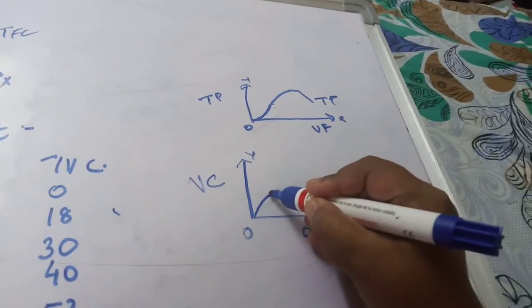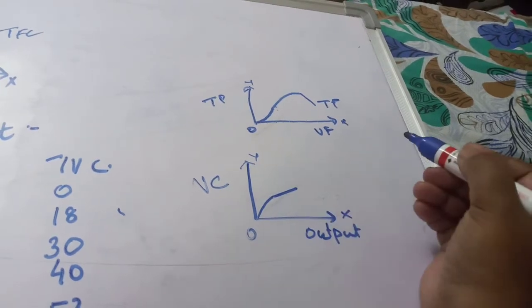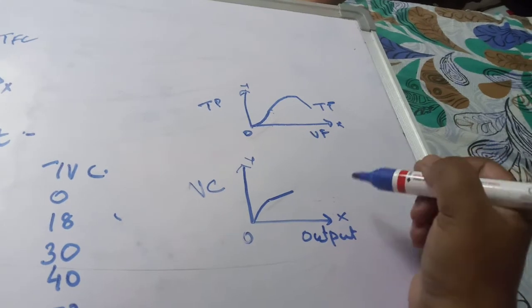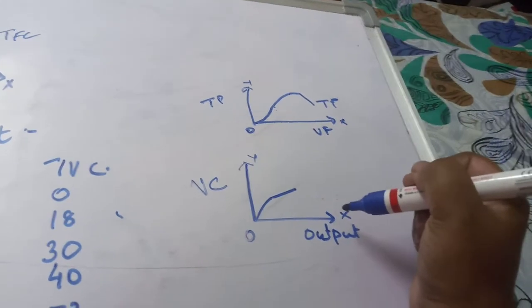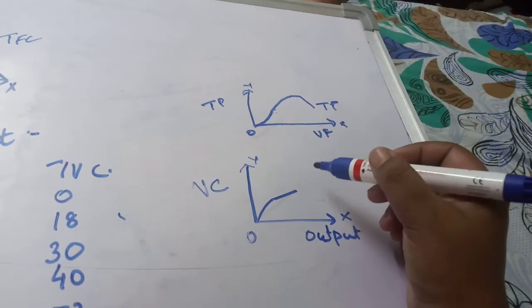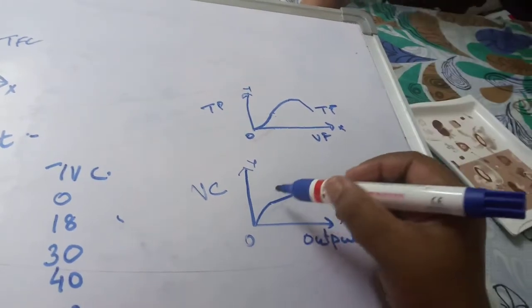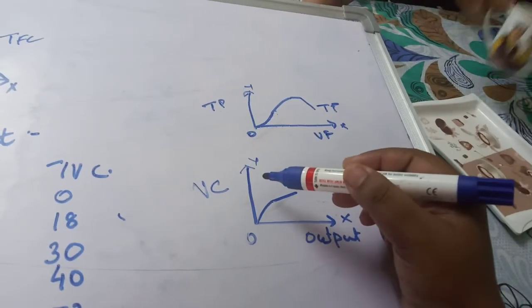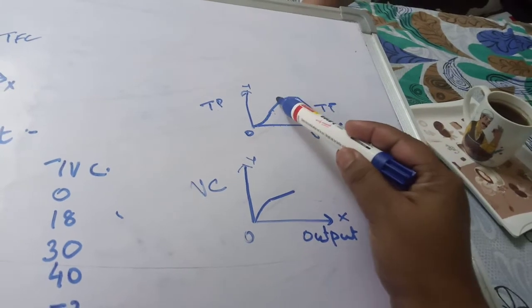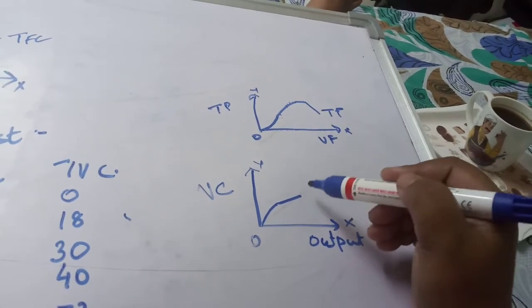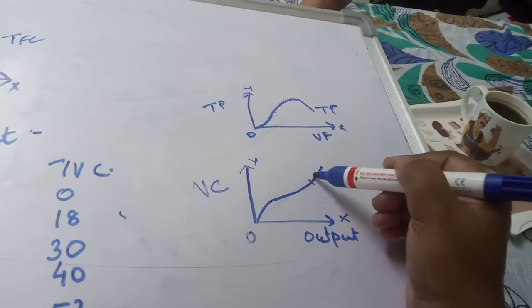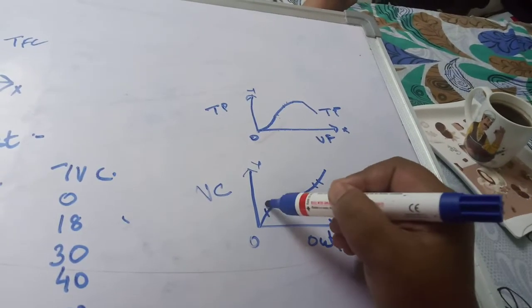Then for a very little while you will find that the variable cost is going to increase at constant rate. So the rate of increase in output is going to be same as rate of increase in input, which means the change in the cost will be equal to the change in the output. And when this phase happens towards the later stage, you will find that your variable cost is going to increase at increasing rate.